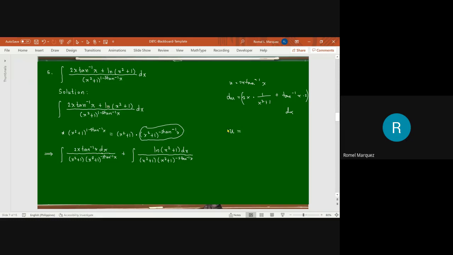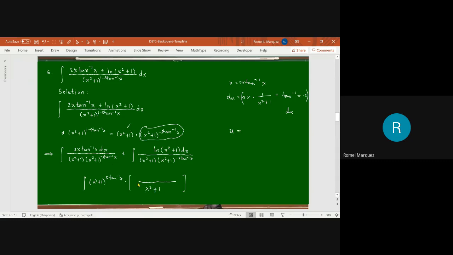Yung, di ba, there is a remaining x squared plus 1 in the denominator that I did not bring up, this part. And then the original denominator, this 2x tan inverse x plus something ln what? x squared plus 1 quantity dx. And this will serve as our perhaps u. Okay?